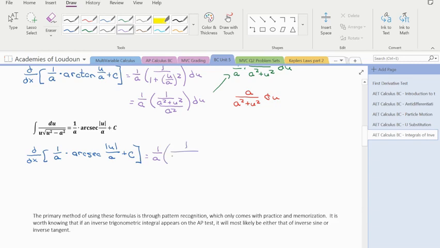This will be 1 over the absolute value of u over a times the square root of u over a quantity squared minus 1 du. So continuing the simplification, 1 over a, the absolute value of u over a, and the square root becomes u squared minus a squared over a squared du.